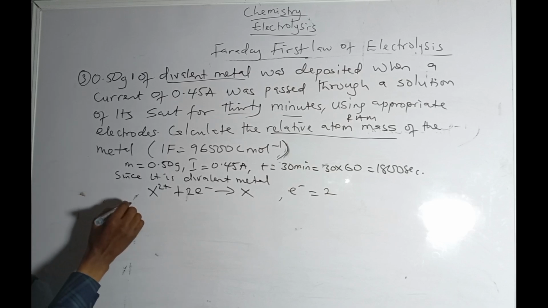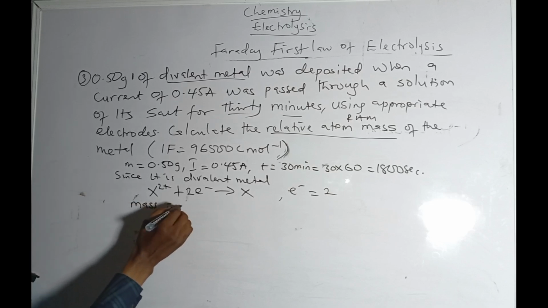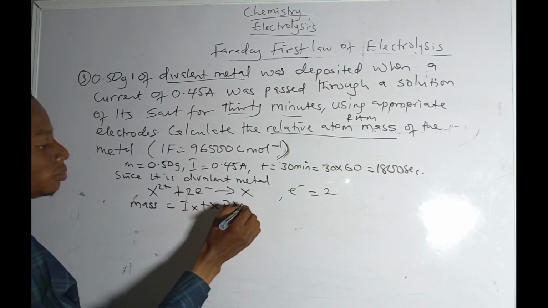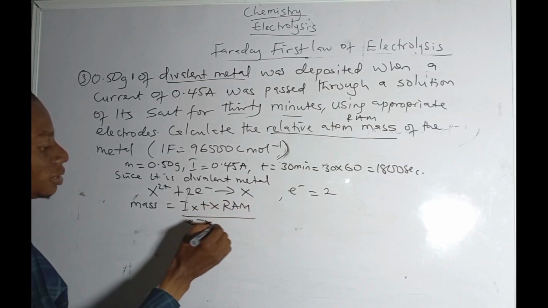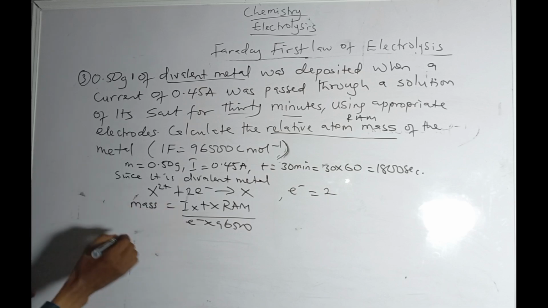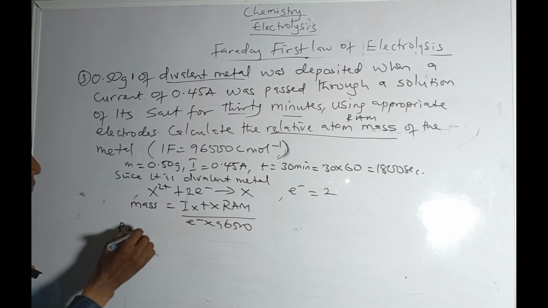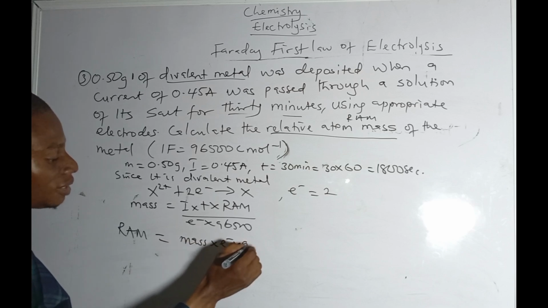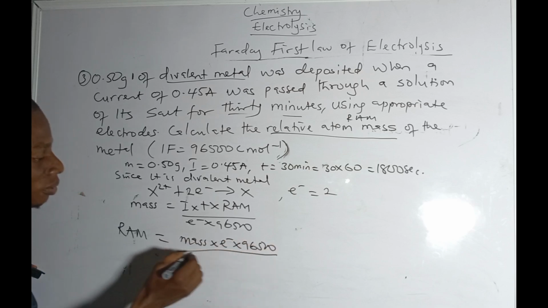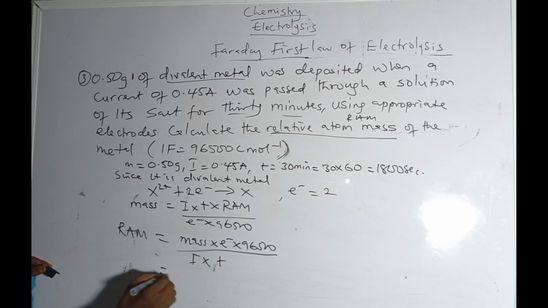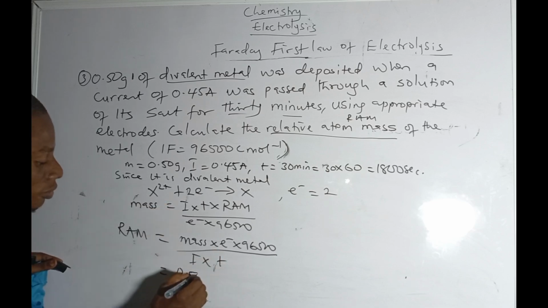So the formula I gave you before: mass equals I times T times RAM over E minus times 96500. If you make RAM the subject of the formula, RAM is equal to mass times E minus times 96500 over I times T. So what is mass? Mass is 0.50.